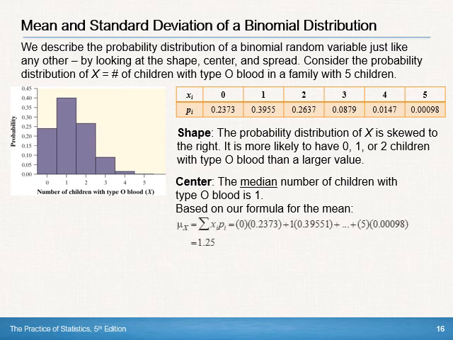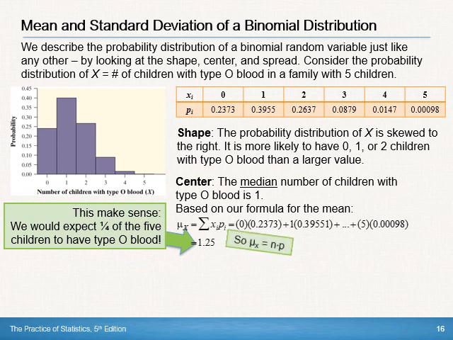The mean, we could calculate the mean. We can certainly take 0, the first value of x, times its probability, plus 1 times its probability, plus 2 times its probability, and so on. But if you think about it, you're going to have 5 children, and the probability of O blood is 25%.